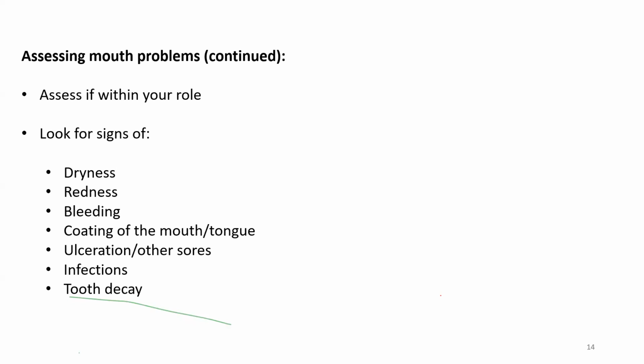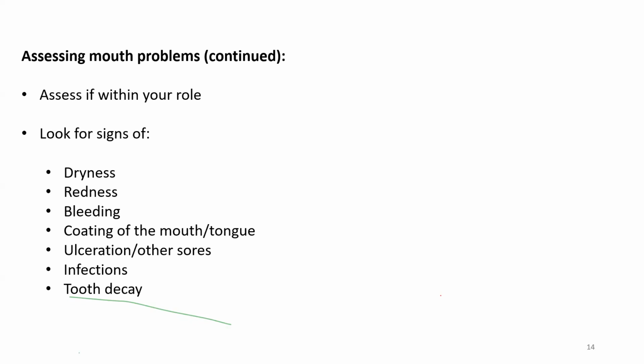As I said before, use a torch if possible, so you can thoroughly examine the mouth. Like I said, we look at all of the mouth: the lips, the teeth, the tongue, the palate, under the tongue, just all over really. As we said, we're looking for signs of dryness.